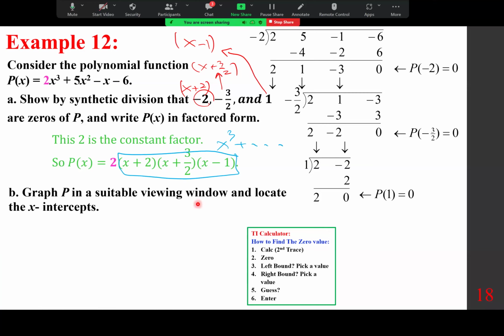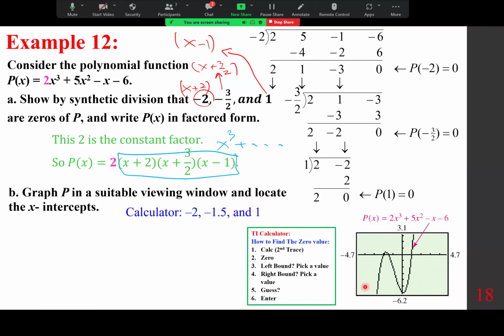Graph it in a suitable viewing window and locate the x-intercepts. So calculator, again, gives you -2, -1.5, and 1. So you graph it. You can locate the zeros. I have it in previous lectures, how to find the zeros and how to graph it.